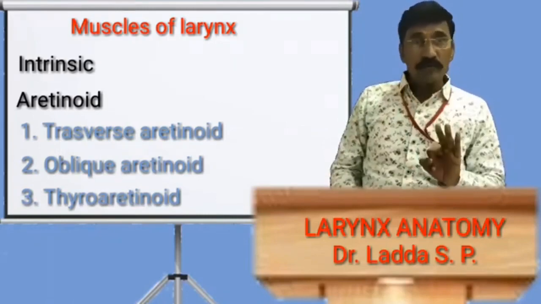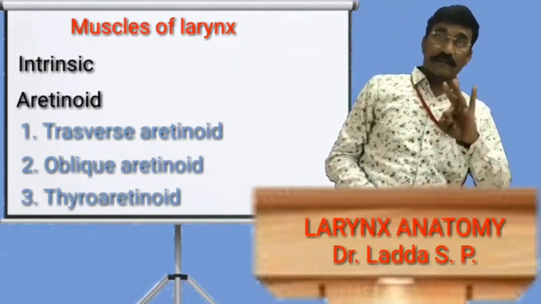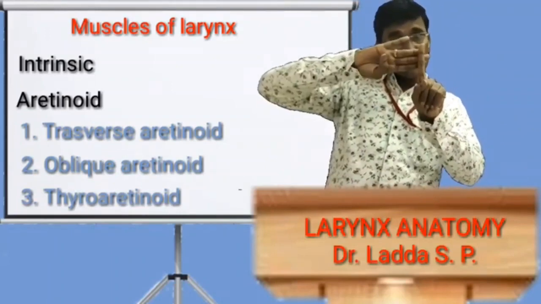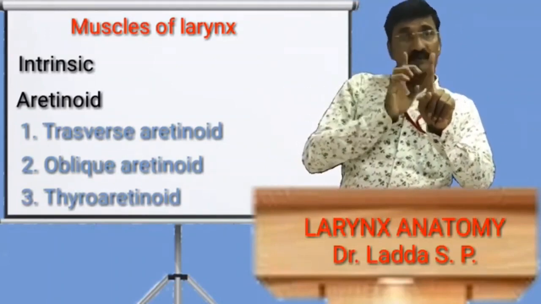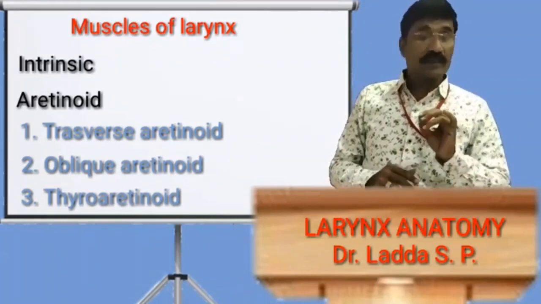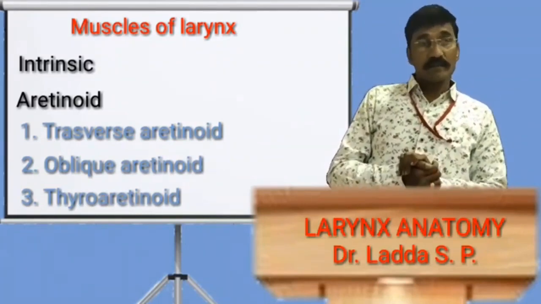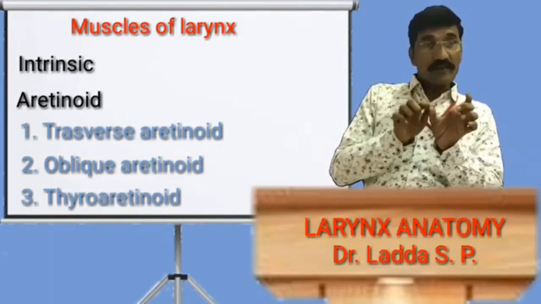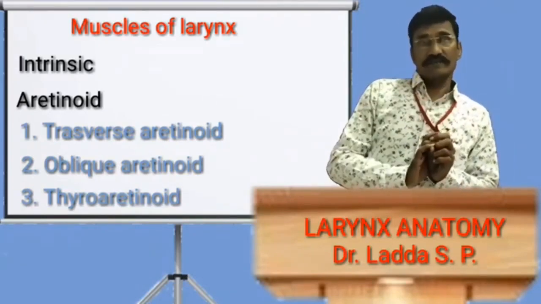So among the three, there are two muscles concerned with only the arytenoids: the transverse arytenoid and the oblique arytenoid. Now the third muscle is concerned with the arytenoid cartilage and the thyroid cartilage.